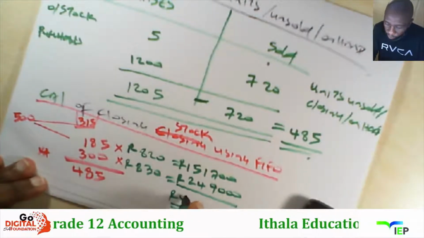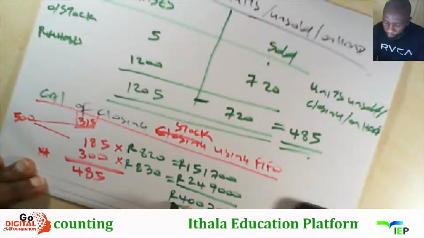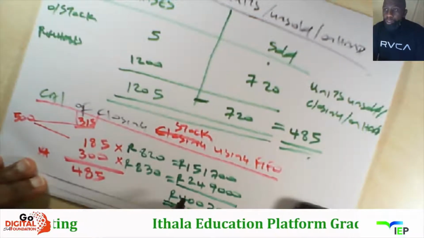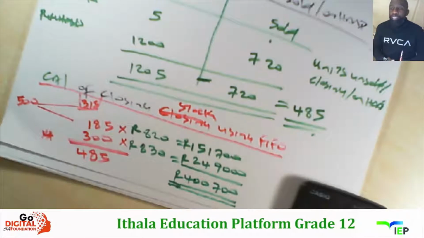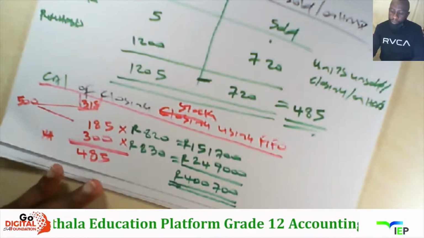Then you are getting 400,700. So that's the answer. That's the closing stock by using FIFO.